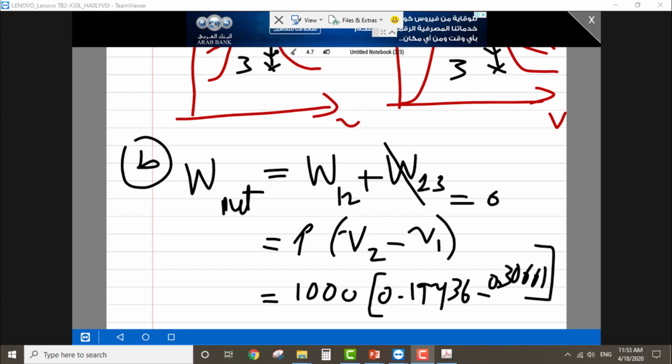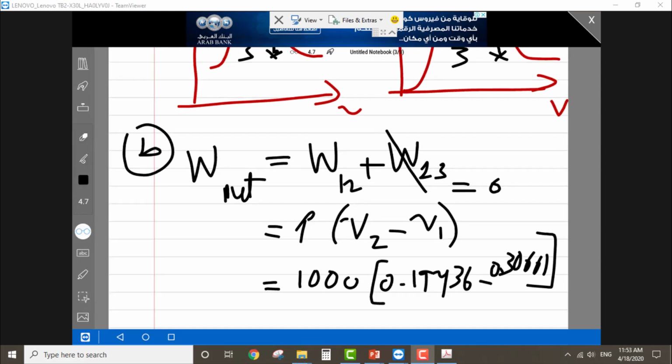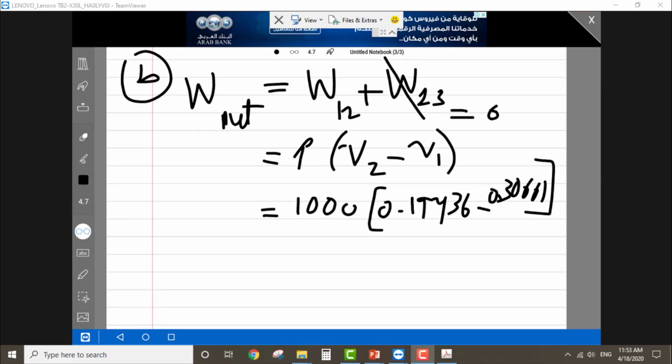So using my calculator, the answer would be negative, correct? So 0.19436 minus 0.30661, multiplied by 1000. Since this is a compression, we expect that the sign is minus.